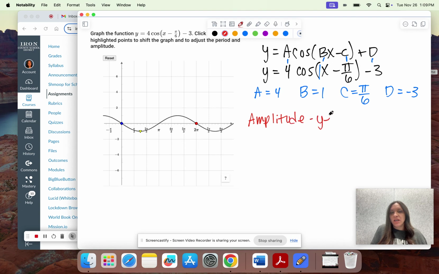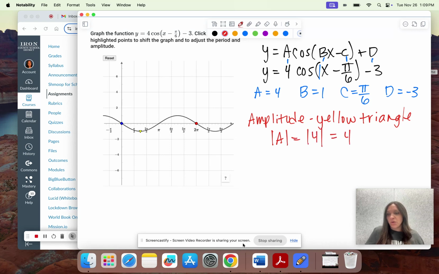It is the yellow triangle, and we're going to move it to the amplitude number. So the amplitude is the absolute value of a. Absolute value of that is just 4. So notice that we're down right here. We want to take that down to 4.